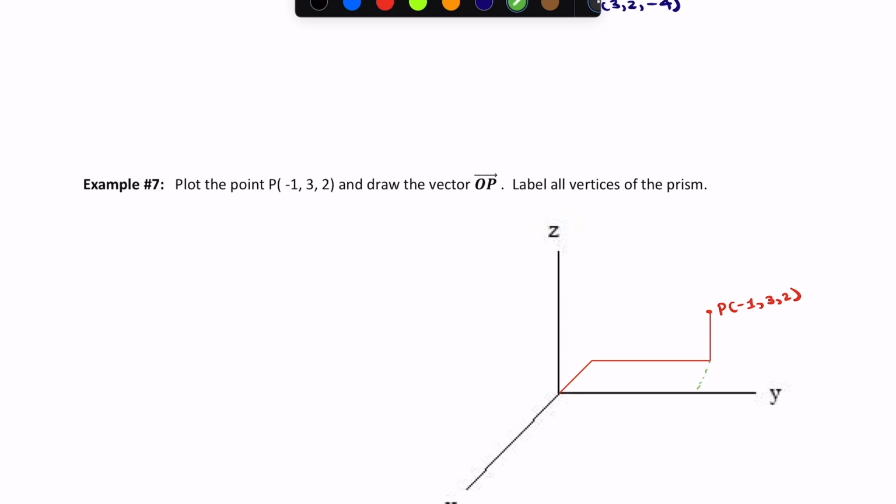So draw our prism here. Okay, so here we have our prism.